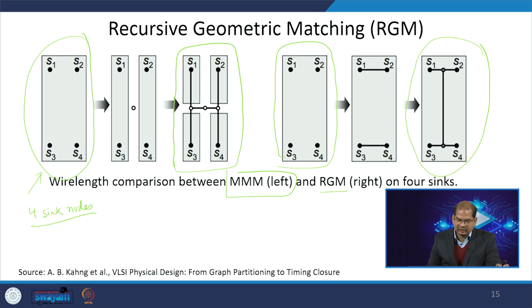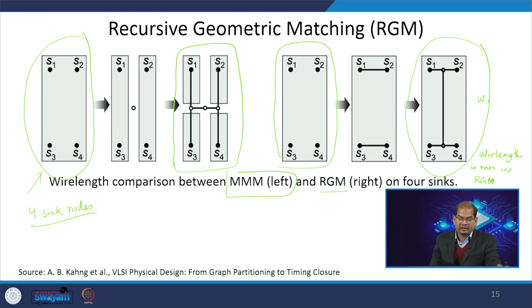If you can see here, the wire length is minimum in RGM. So, the interconnect length is minimum in the case of RGM.